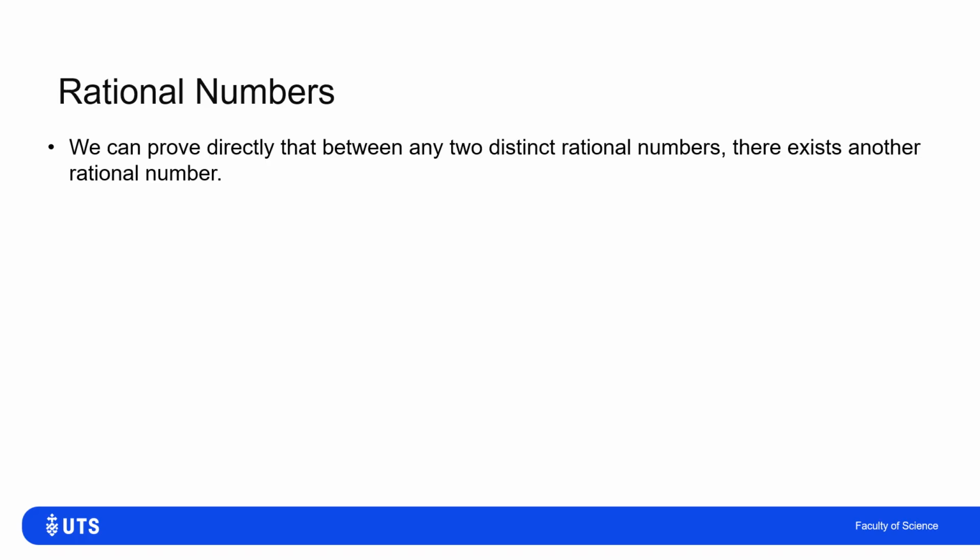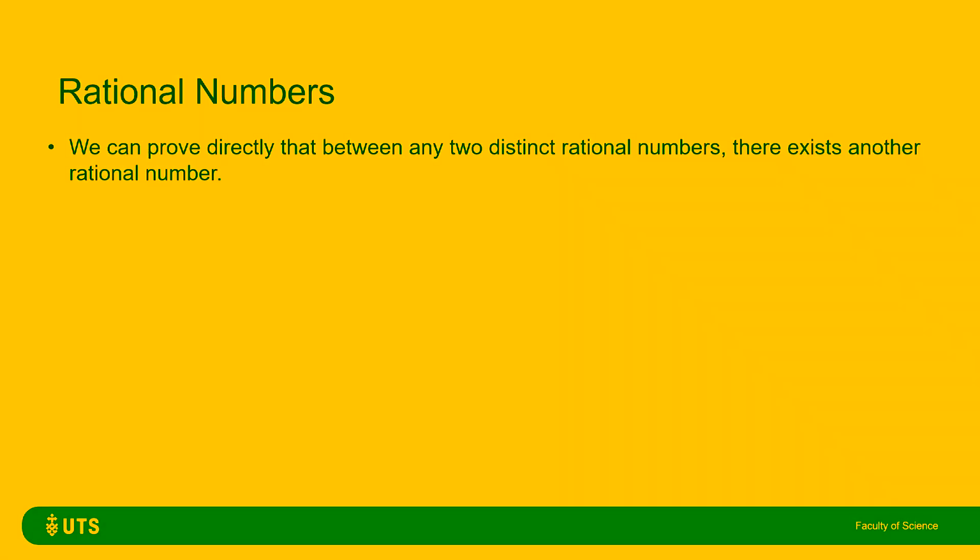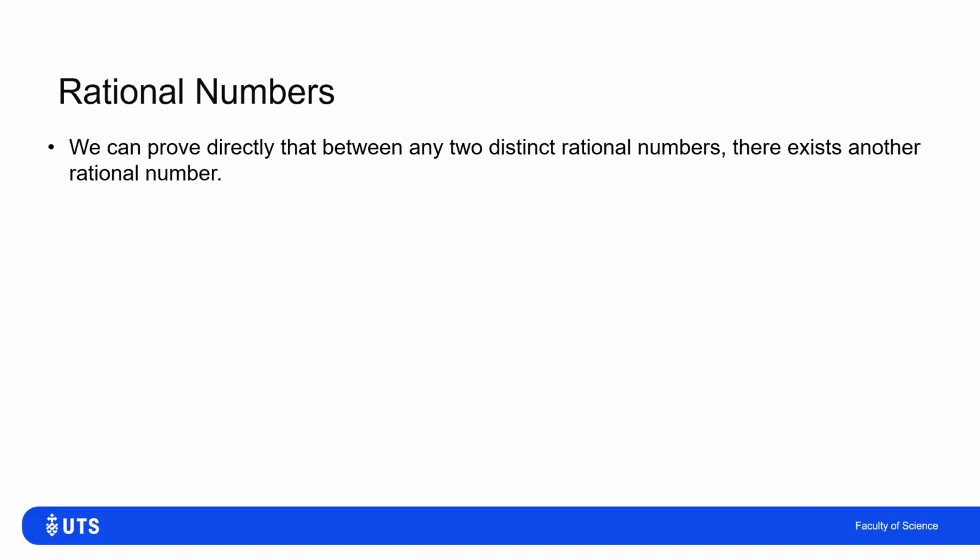Now, I can prove directly, not by contradiction, that between any two different rational numbers, there is another rational number. So this shows that there will be infinitely many rational numbers, and infinitely many rational numbers between any two rational numbers.